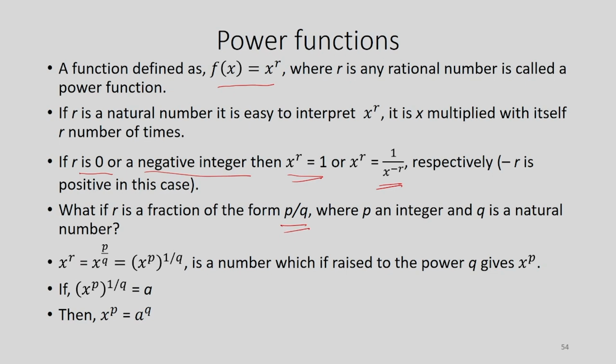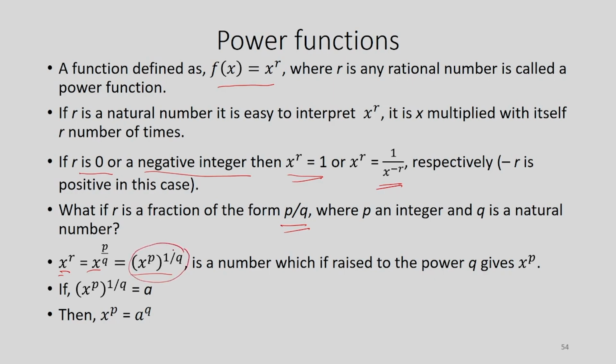So, here we are basically approaching the idea of a rational number. So, I can write x to the power r, which is equal to x to the power p divided by q, and then I can write it as this. So, x to the power p whole thing under the brackets to the power 1 divided by q.